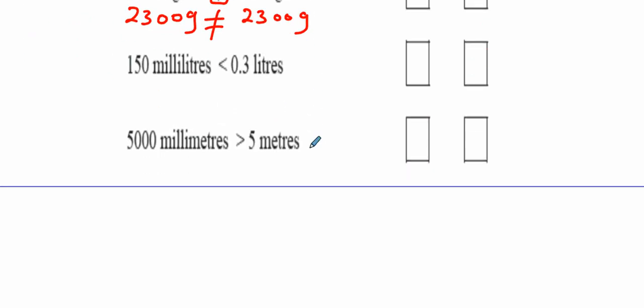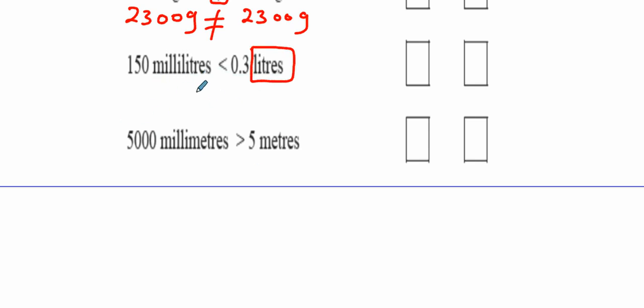150 milliliters is less than 0.3. This symbol stands for less than. We have milliliters here, and we have liters here. You are comparing two units which are different. So I would suggest changing liters into milliliters.